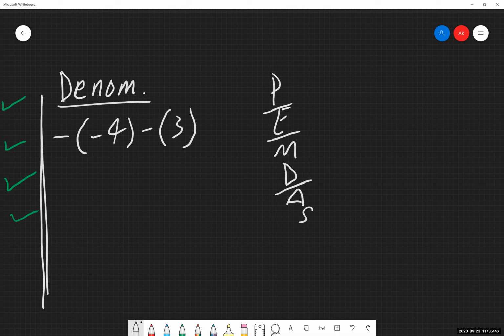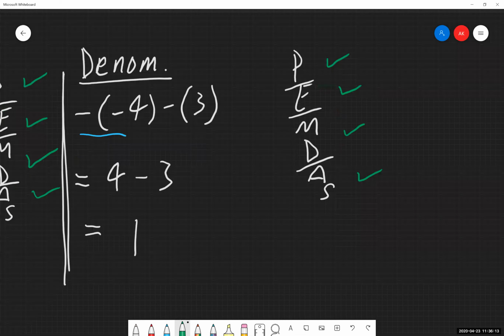So work with parentheses, got nothing I can do with that. So done there, no exponents. I have multiplication or division happening though. Got double signs showing up. So -4, a negative and a negative makes a positive, minus a 3, it's going to give me 1. So I'm done with that.